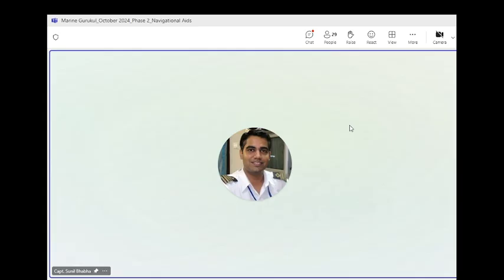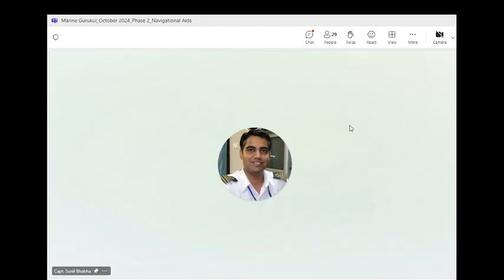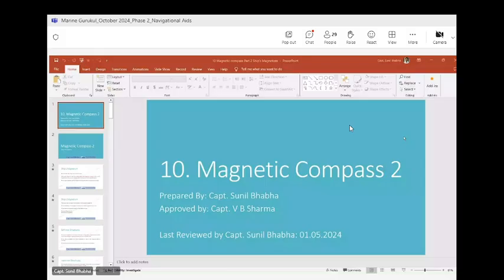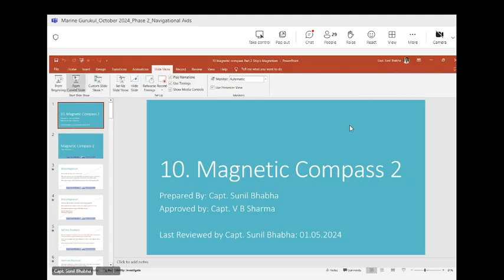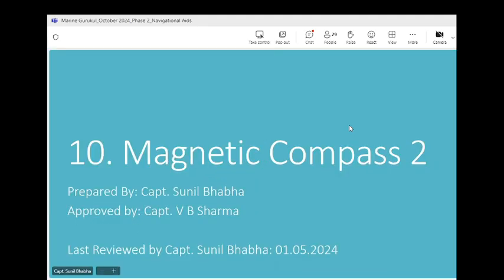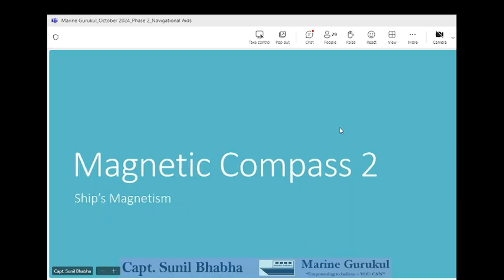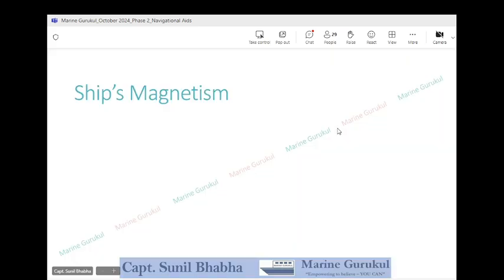Okay, so let's go into the ship's magnetism. Now let's move into the ship's magnetism.